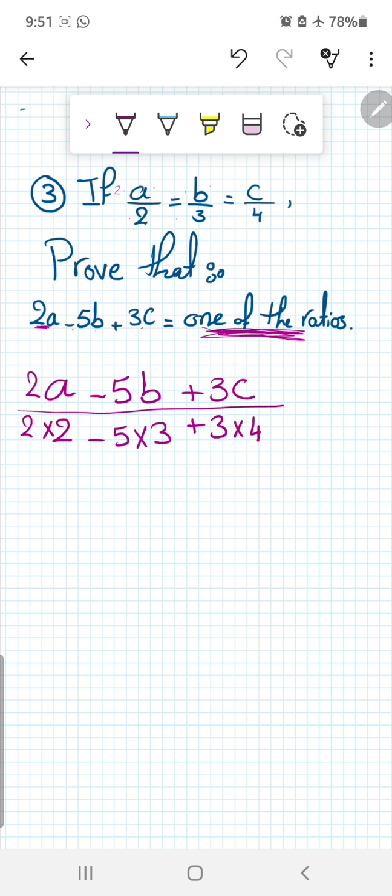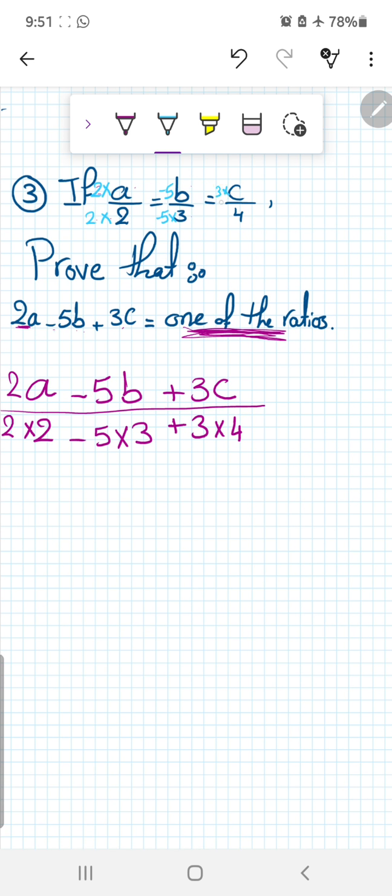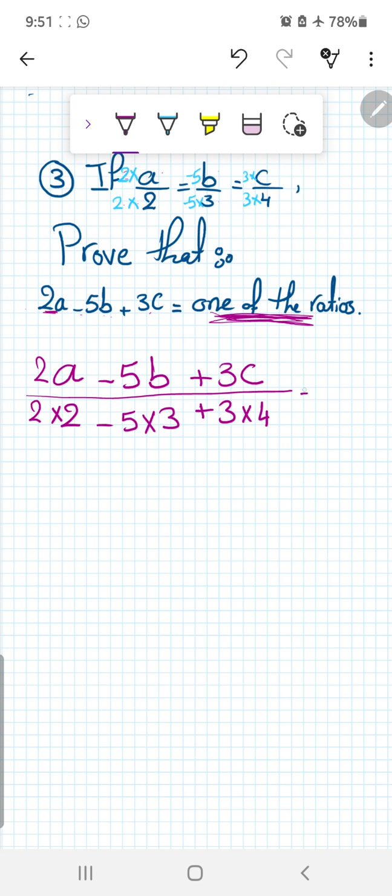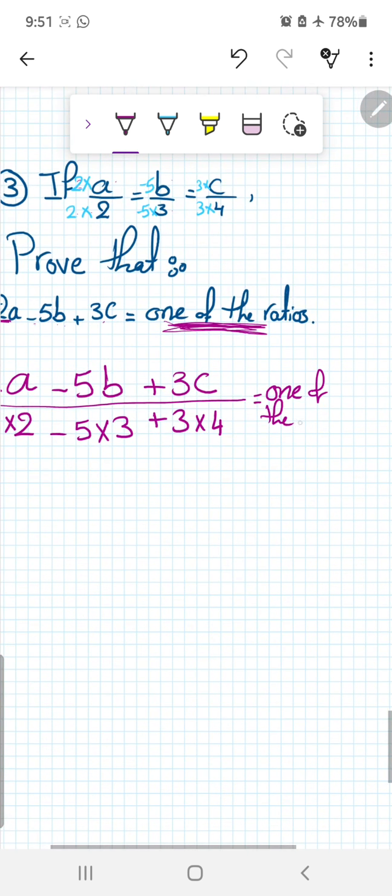Again, 2A means 2 times A up, which makes 2 times 2 down. Negative B up, negative 5 down. Plus 3C, 3 times C up and 3 times 4 down. All of this equals one of the given ratios.